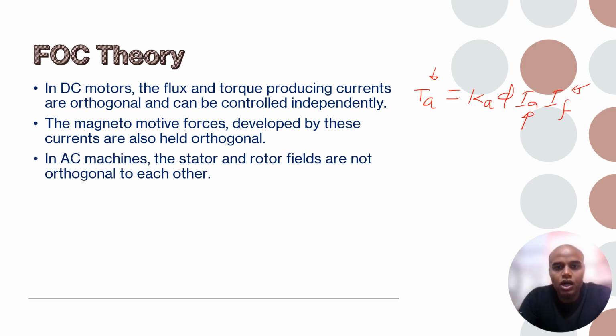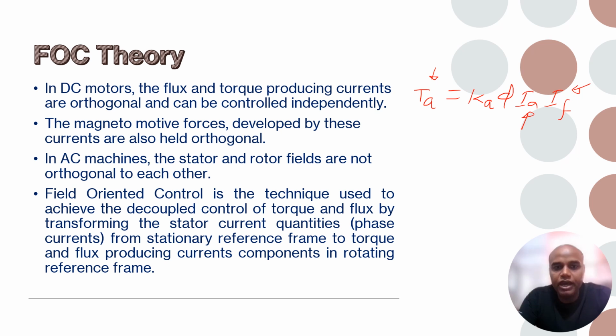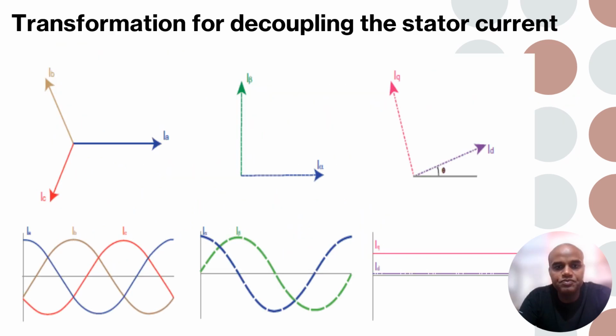So FOC is the technique used to achieve decoupled control of the torque and the flux by transforming the stator current quantities from the stationary reference frame to torque and flux producing current components in a rotating reference frame. This is done through the Clarke's transformation and then, subsequent to it, the Park's transformation.